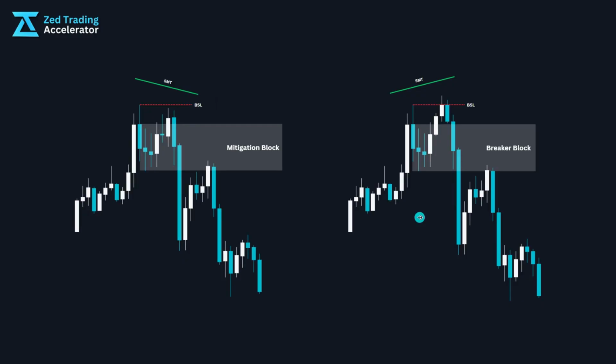Like I said, we should not enter in this kind of setup because the price can take out these swing highs right here because we formed equal highs or trendline liquidity. We should only enter in the setup that forms the breaker block because it's a higher probability setup.